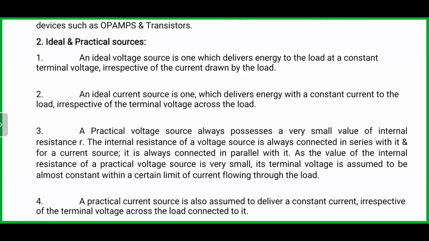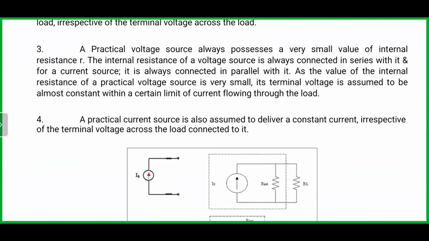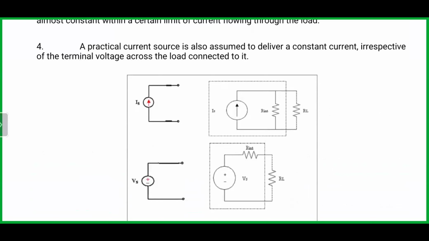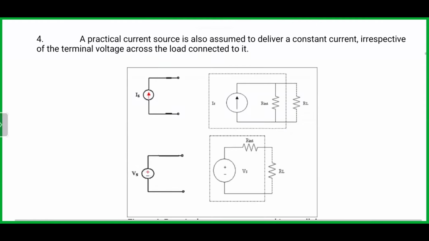So despite the resistance, we are still considering it to be constant. A practical current source is also assumed to deliver a constant current, irrespective of the terminal voltage across the load connected to it. So we assume it to be constant. This is it. So we have current source, and then we also have voltage source.